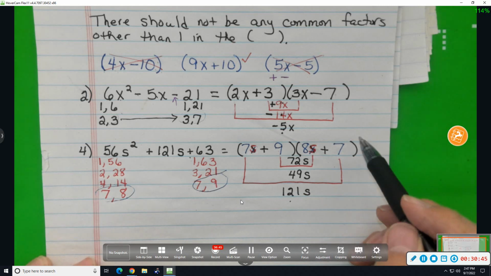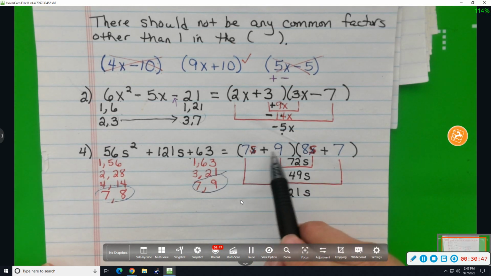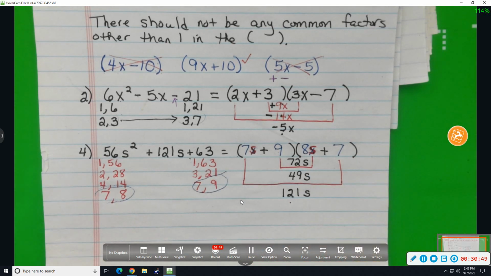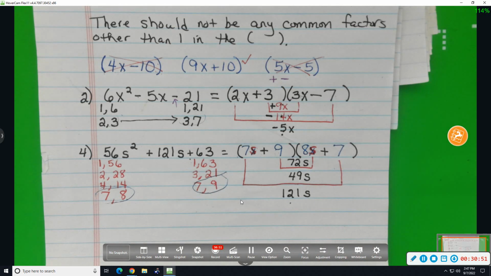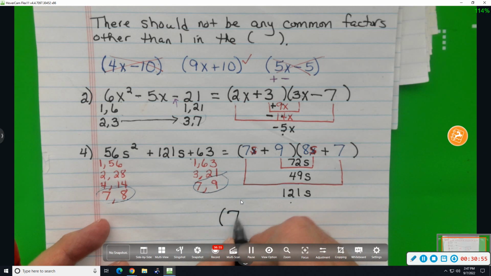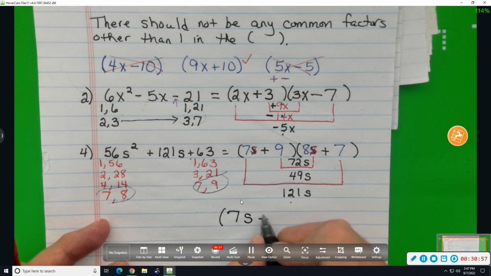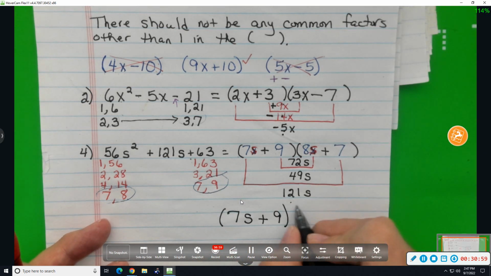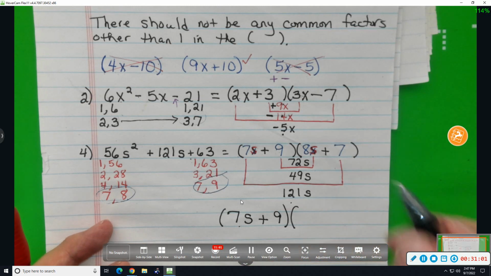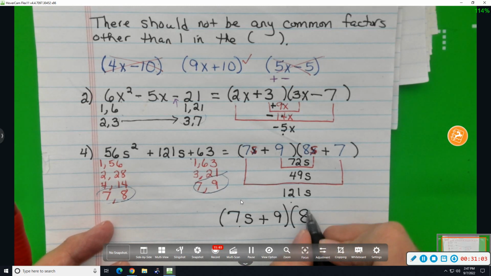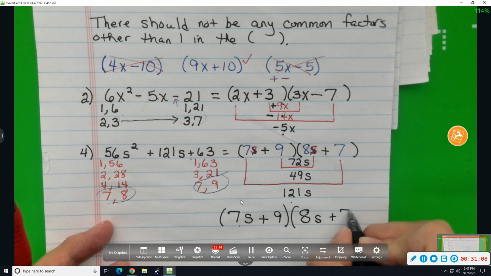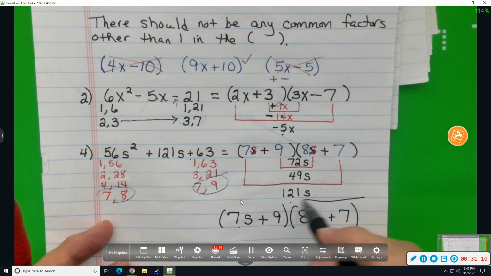Okay? So 7s plus 9 times 8s plus 7 is what I'm going to type in. And that's an S. You know what? Oh gosh, now I've made it look like 7s plus 9. 8s. Trying to write it neater there.